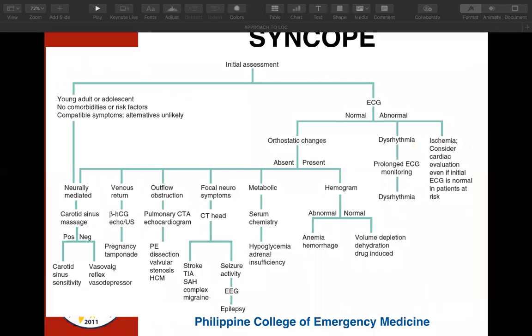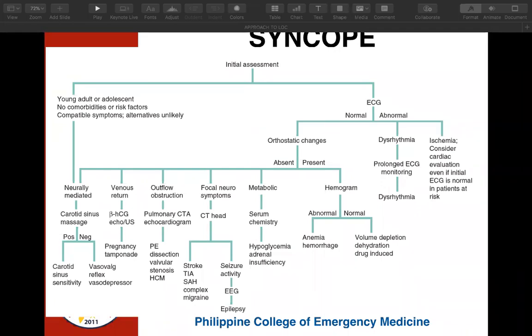If you think of ischemia, you treat the patient as an MI, or myocardial infarction. If the patient is having dysrhythmia, you request prolonged ECG monitoring. If it's really a dysrhythmia, then you treat the patient, or seek special consult.